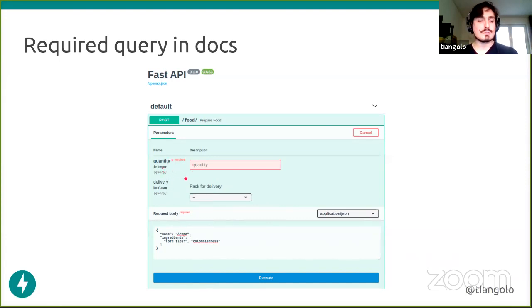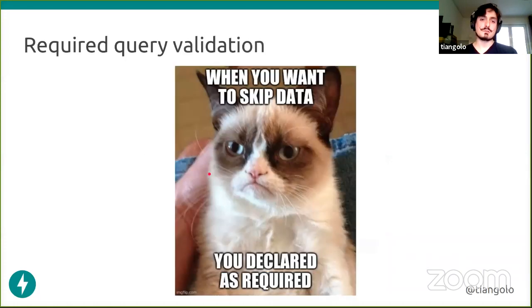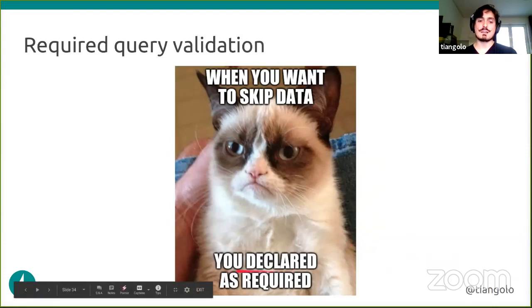If we use another tool like a client, command line application or something to actually try to send the request without the quantity, we will still get a validation error, so it will still work. We declare something as required, and we will have to pass the required thing. You cannot skip data that you declared as required in your own API.